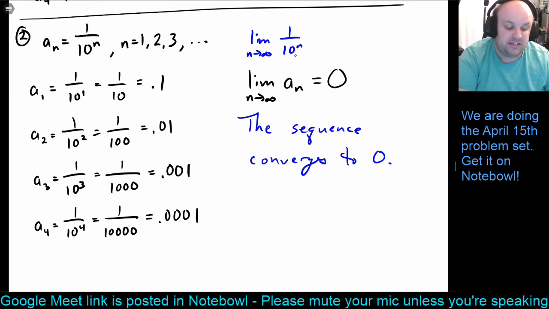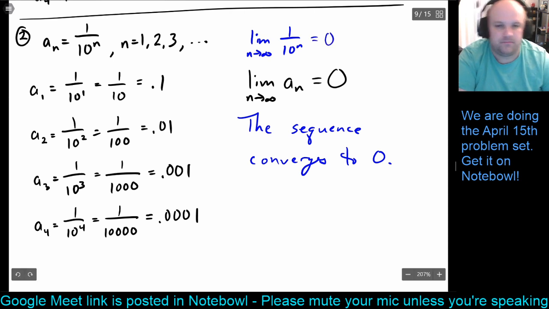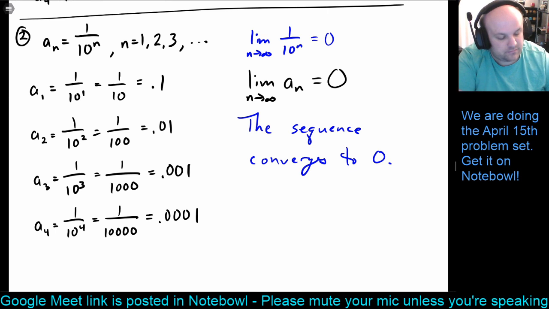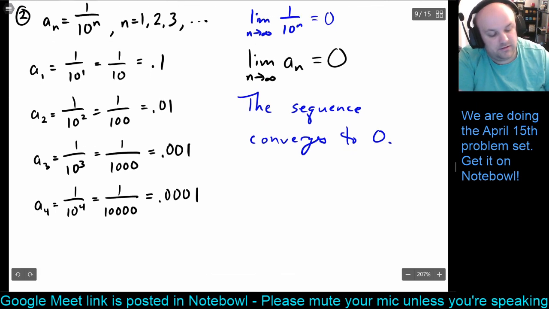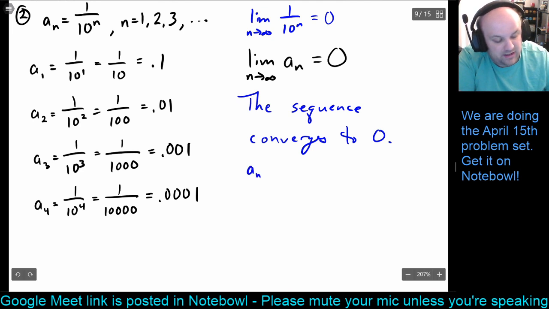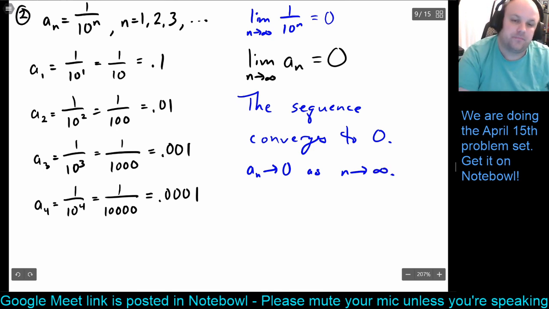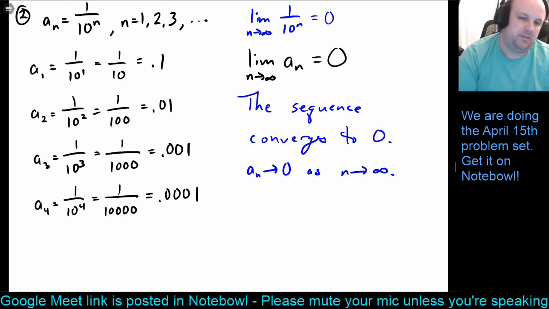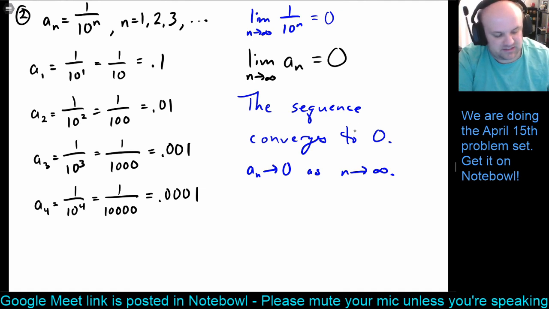The bottom continues to get larger and larger, so this thing has to go to 0. We could also say here a_n goes to 0 as n goes to infinity. That would be another way to say basically the same thing.